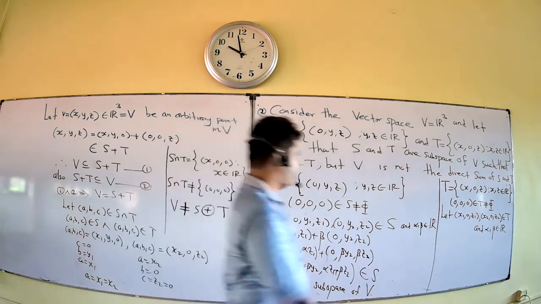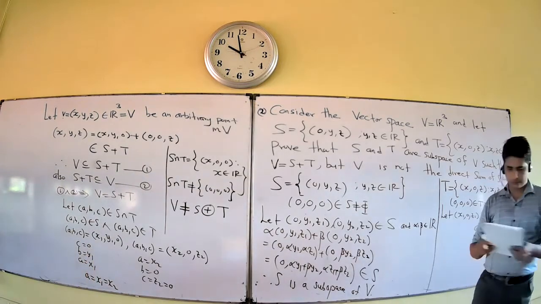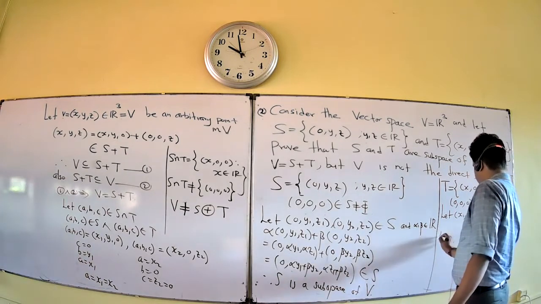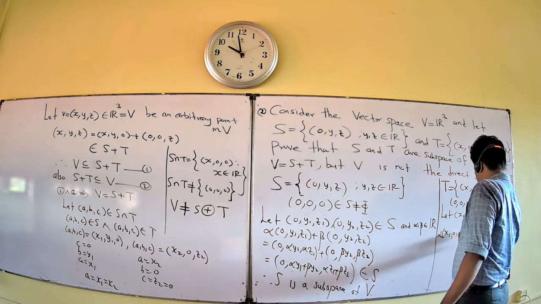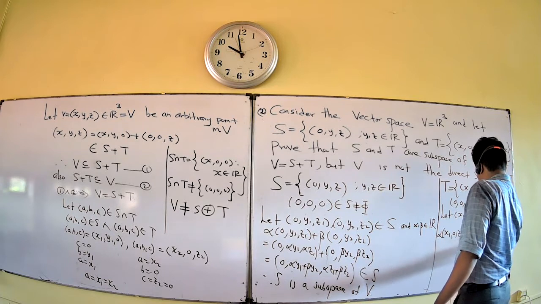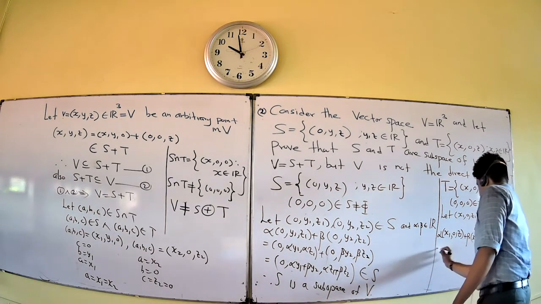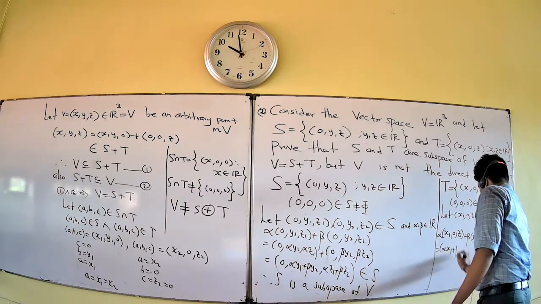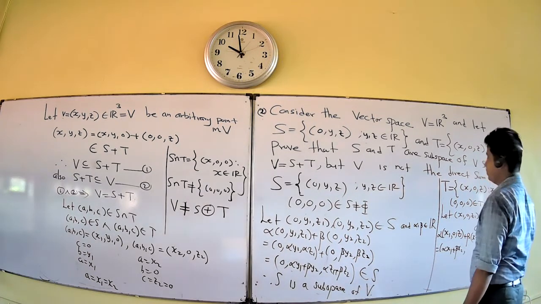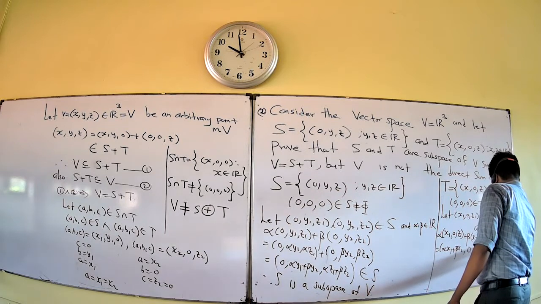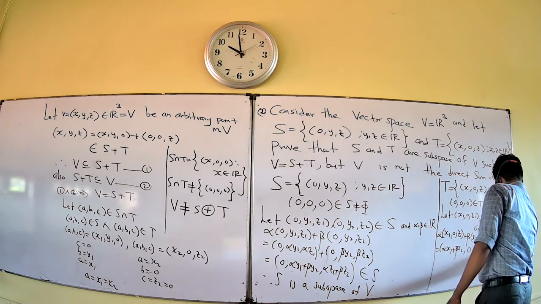From this, you take alpha times (x1, 0, z1) plus beta times (x2, 0, z2). So it is (alpha x1 + beta x2, 0, alpha z1 + beta z2).